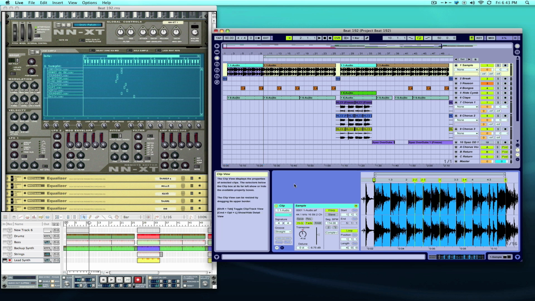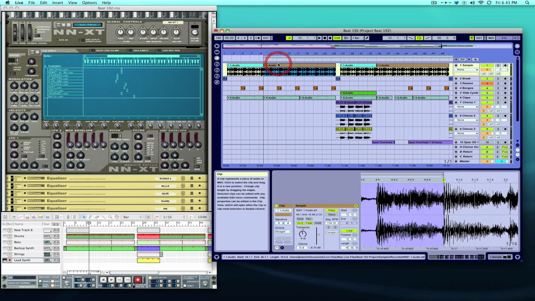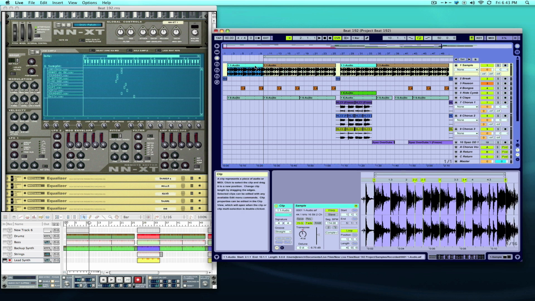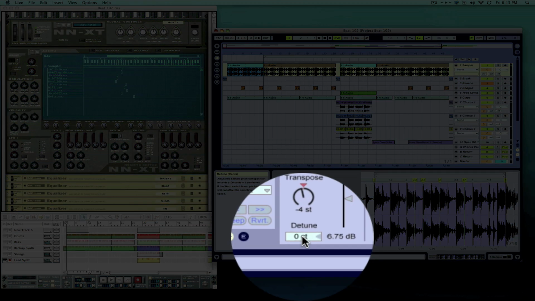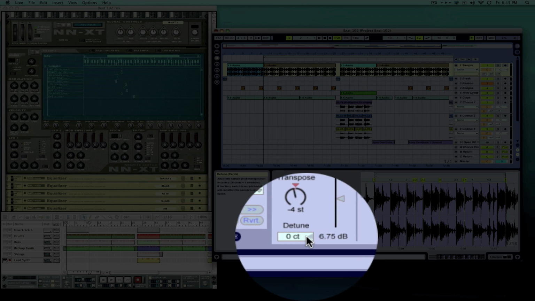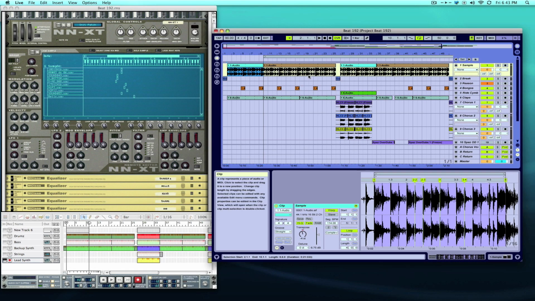So if you see here, I have mine in complex mode. It's down by a fourth. I think these are all complex. Luckily, this is in tune. If it's not in tune, even if you're not in repitch, you can use the detune here and turn it up or down, and by doing that you can basically tune it to normal instruments.